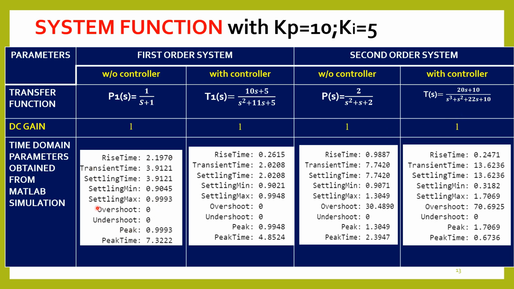So this is the step info printed in the command window. I have taken the output and pasted it in these tables. And I am able to conclude that my zero introduction reduces my rise time. Initial rise time is 2.19. Now my rise time is 0.2 in case of first order. Similarly, for the second order system, my rise time has decreased.